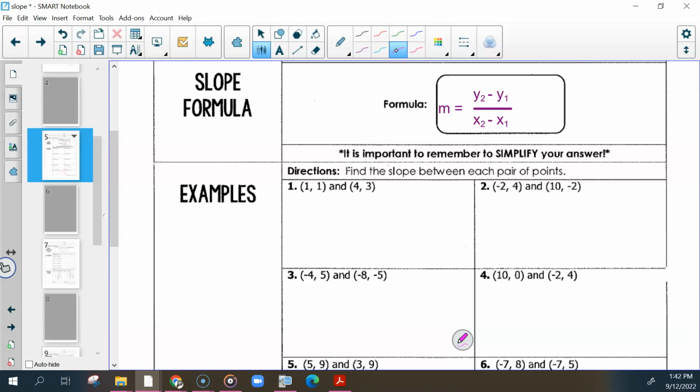Me, I'm a visual person, so anytime I see all these variables and stuff, I have to write them out. So for 1, each of these is an ordered pair x, y. So I would write these as x1, y1, x2, y2. And I would just write that up here. Now, once you figure out your rhythm and you don't need to keep writing that, that's fine. If you would rather keep writing it so you don't confuse it, that's also fine.